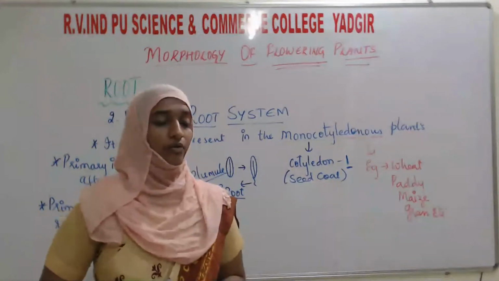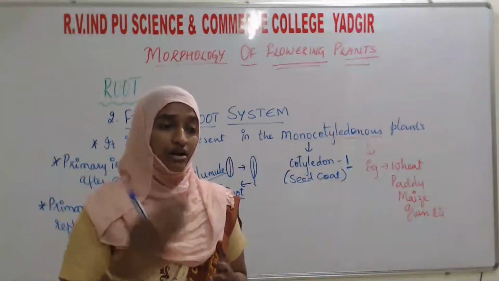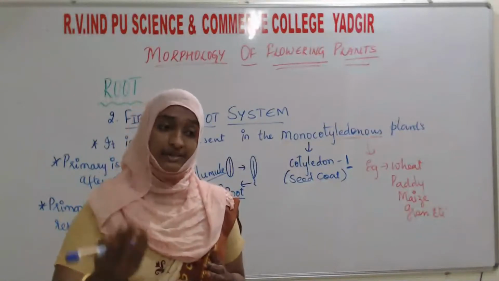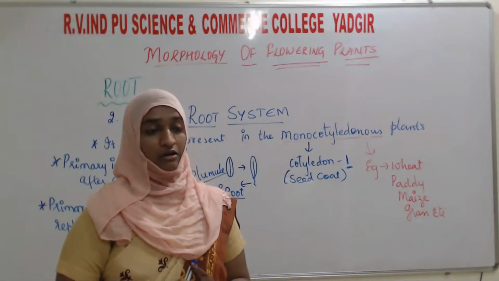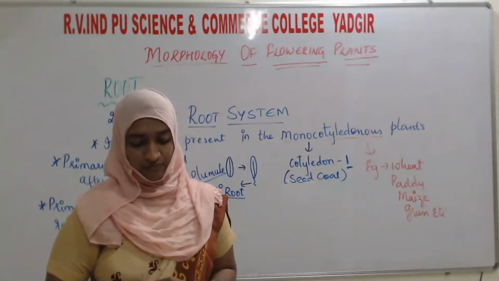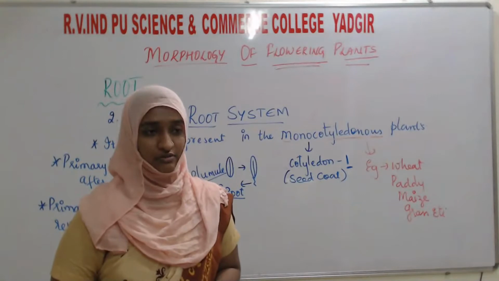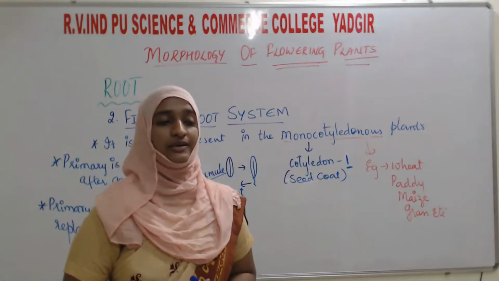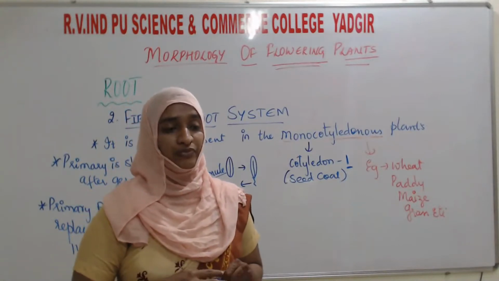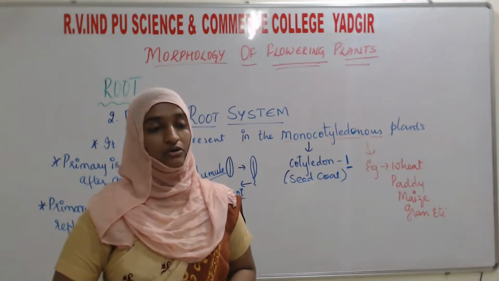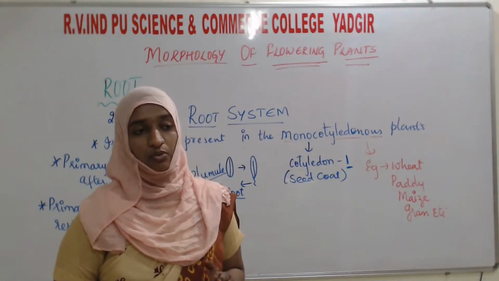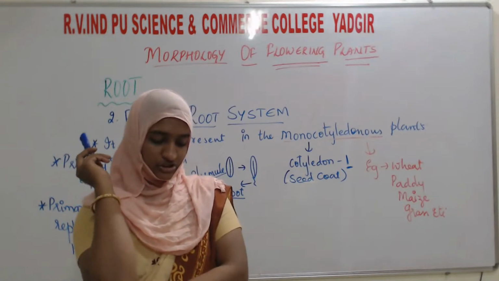But the adventitious roots, which do not arise from the radicle but from some other parts of the plant body, are mainly meant for vegetative propagation. Vegetative propagation means asexual reproduction in plants. Besides that, they also provide mechanical support to the plant. So this is about the adventitious root.